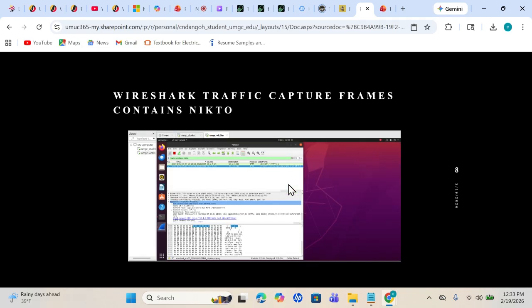I went further by checking frames containing Nikto, and using Wireshark on the Ubuntu system which has the server attached to it, you can see entries containing Nmap and entries containing Nikto. That gives us insider information, making us understand there was a network breach.